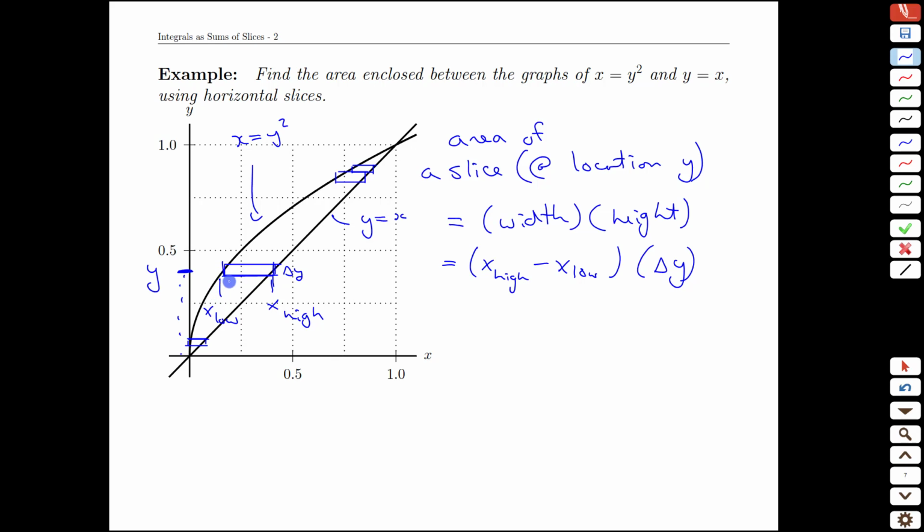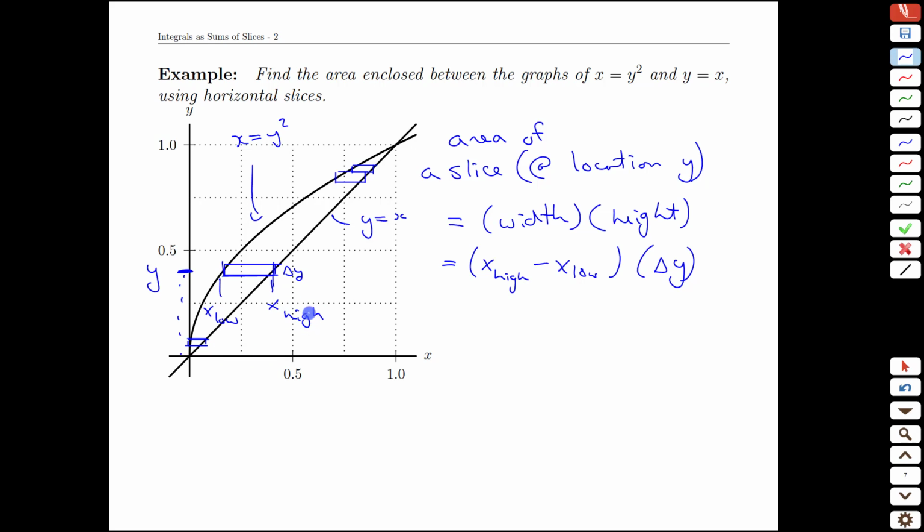That might seem a little counterintuitive because this graph looks like it's above the straight line y equals x, but if we look at just the x direction, this is a larger x value than this x value here. So if I want to find the width, I would take this x minus that x.